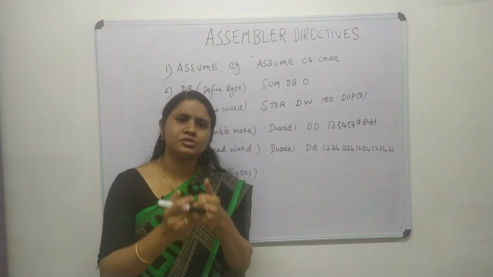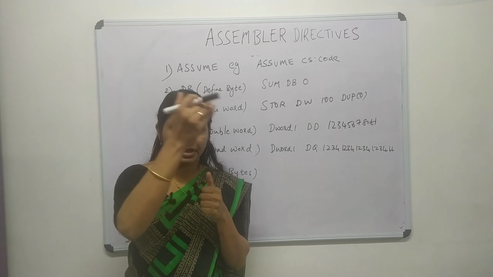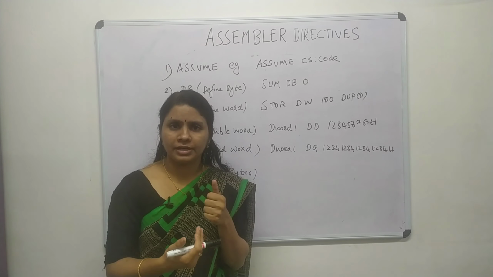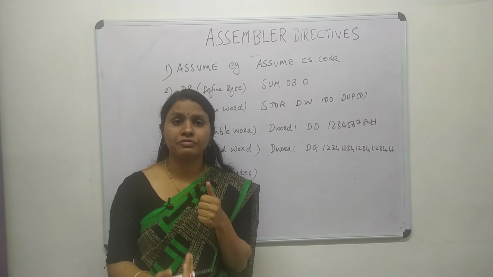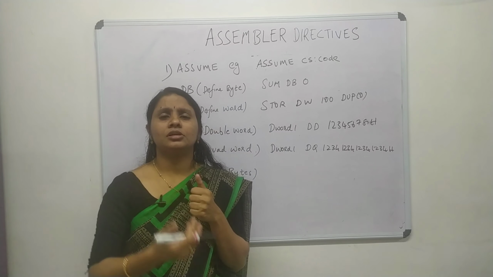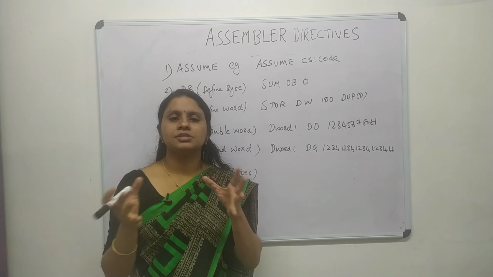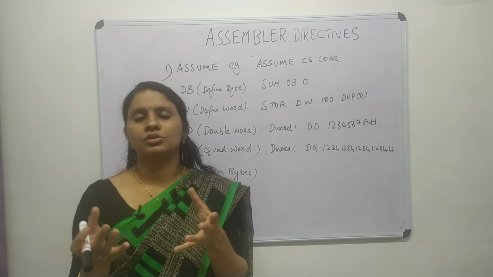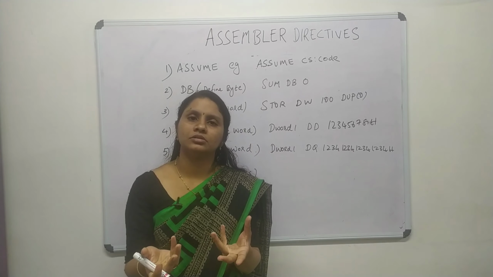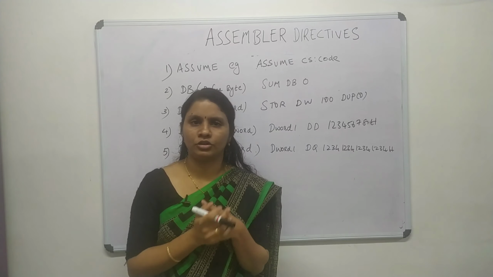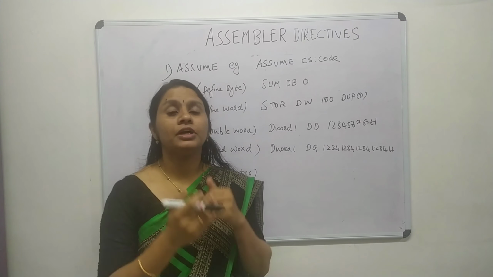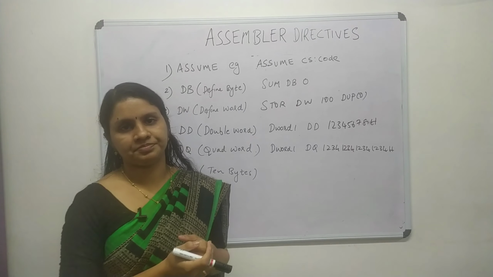Their task is just to indicate the beginning or the end of a segment, a procedure or a program, or to reserve some storage for storing some data and all that. That is the main task of an assembler directive.